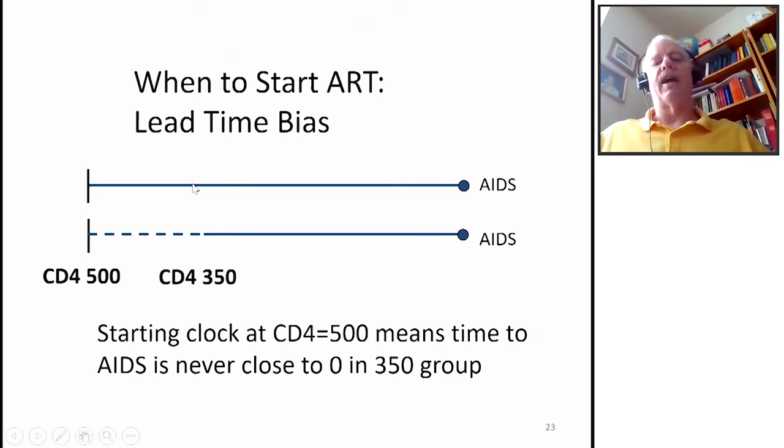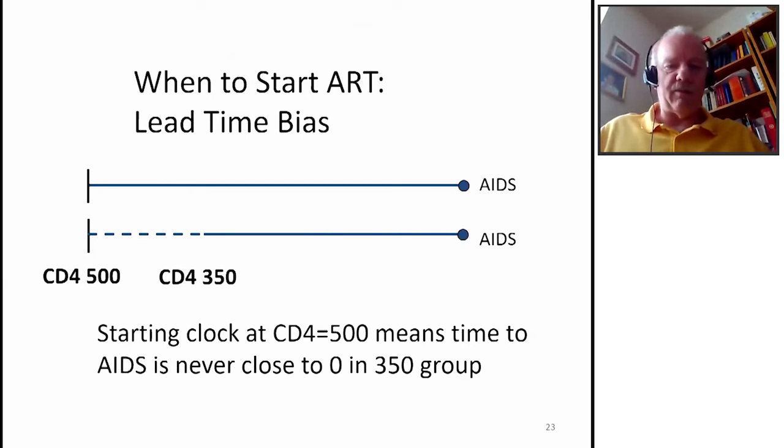The problem with that is for these people who started at 350 to get into your study, you have to know that they didn't die, for example, in this period between 500 and 350.